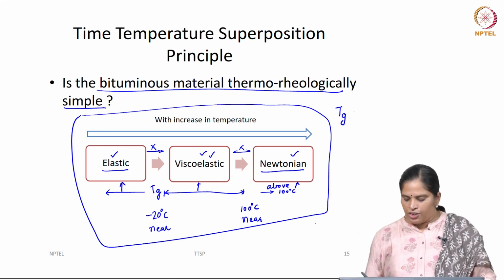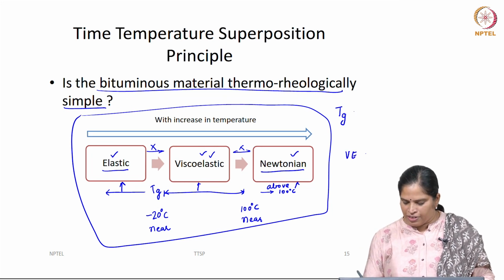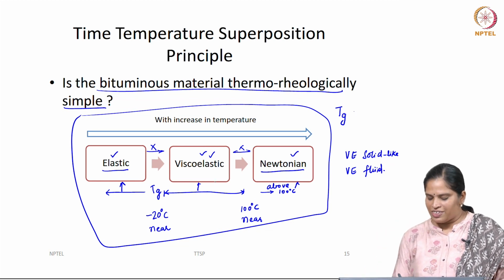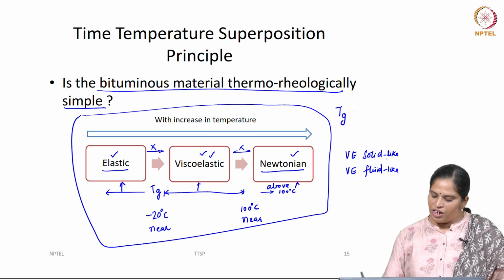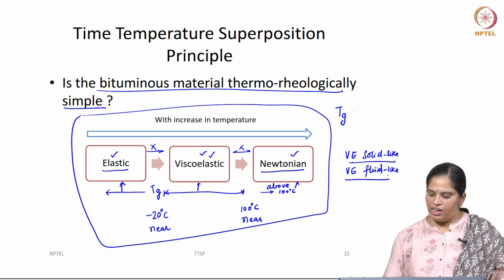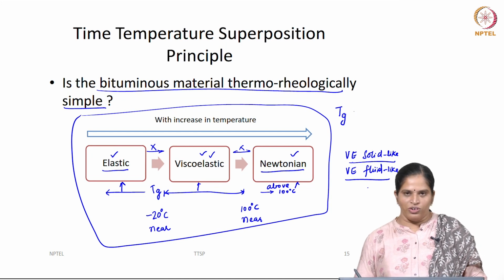Even here, you might have already learnt about viscoelastic solid-like behavior and viscoelastic fluid-like behavior. As the temperature increases in this viscoelastic range from Tg to high temperature, there will be a transition from viscoelastic solid to fluid-like behavior.